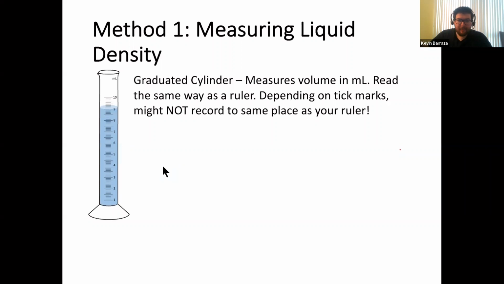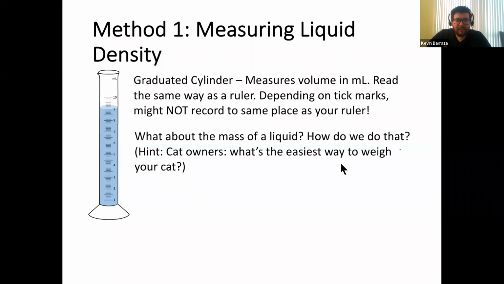The thing that makes this a unique scenario is that because it's a liquid, we can easily pour it into a container to measure its volume. We can pour it into a graduated cylinder and count the tick marks to see how much it is. The question is, we also need the mass of a liquid. And if you've ever tried, it's pretty hard to just pour a liquid onto a scale and try to read it. So how do we get the mass of a liquid?